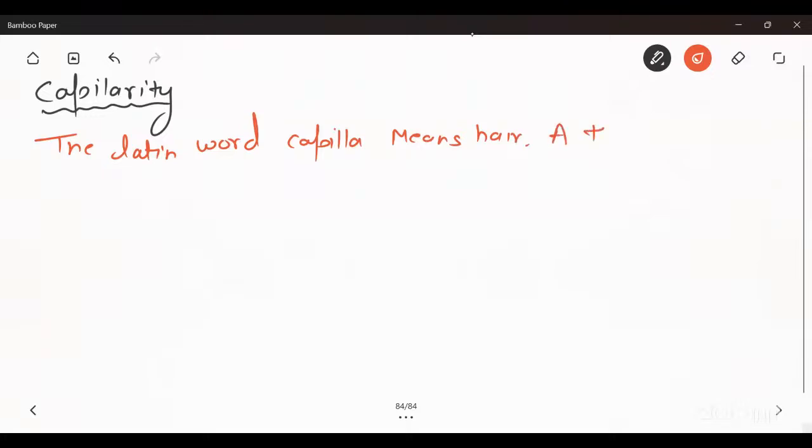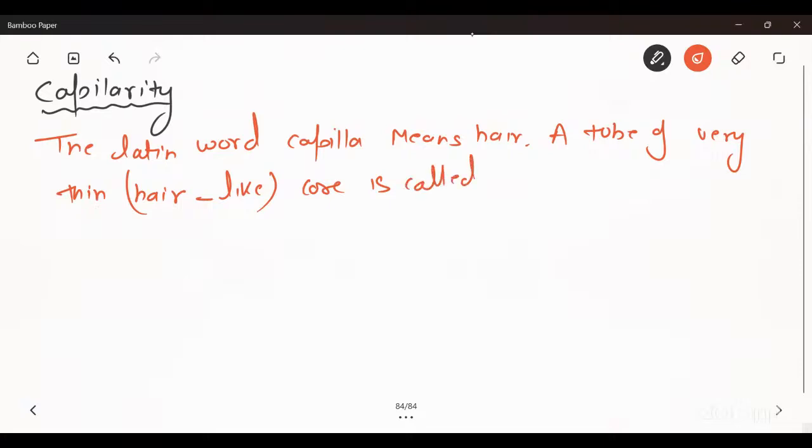So a tube of very thin hair-like core is called a capillary tube.